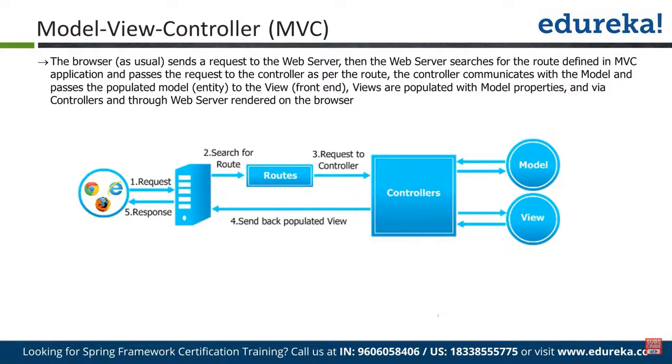Then controllers intercept the specific request for a specific functionality, interact with the DAO layer with the help of the model, convert that model into the view and send the response back to the server. This is how your flow goes from start to end in MVC.